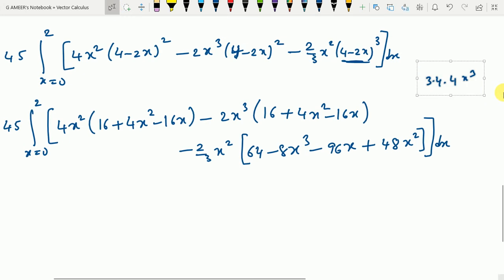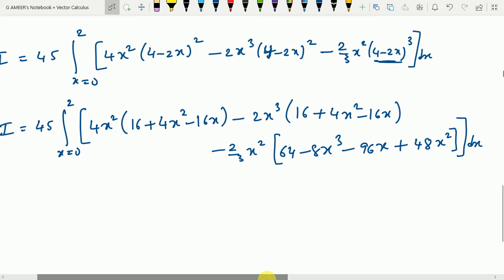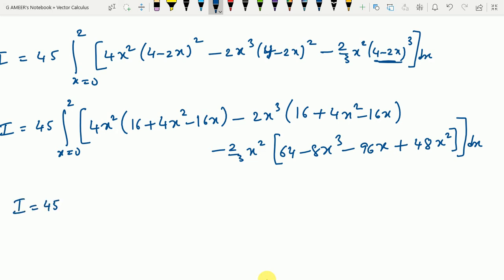Now the job is almost done. Now we need to simplify more. So I will become 45 into, now you perform the integration.